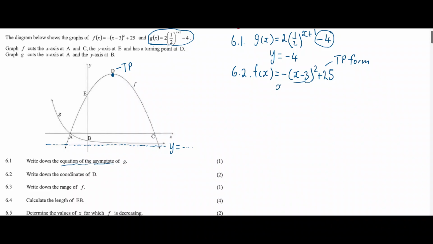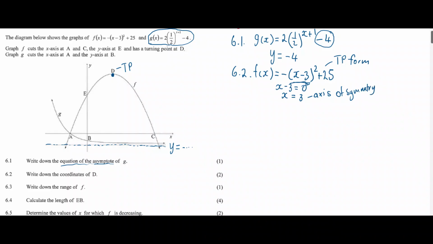So now, what are the coordinates of d? I advised you to look at this part here, take the part inside, and equate it to 0. Transpose, so x would be equal to 3. That's the axis of symmetry.